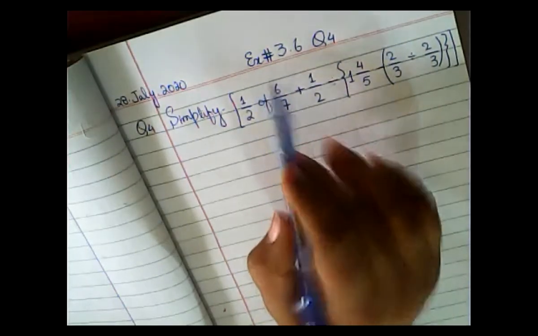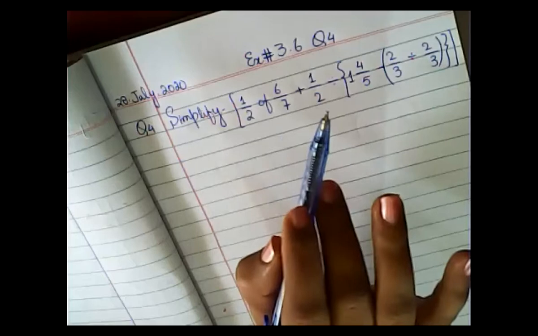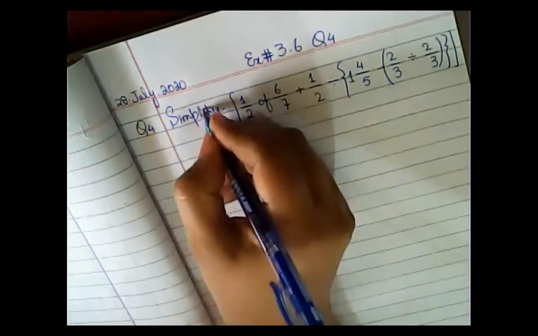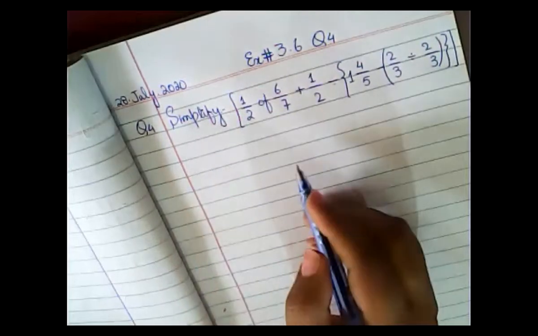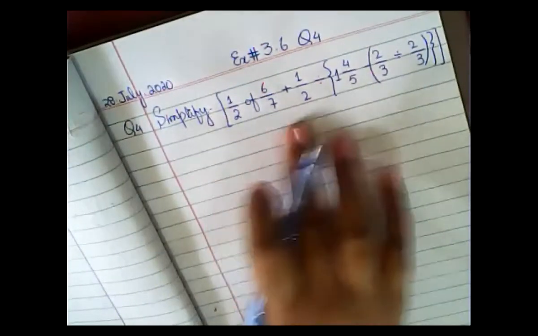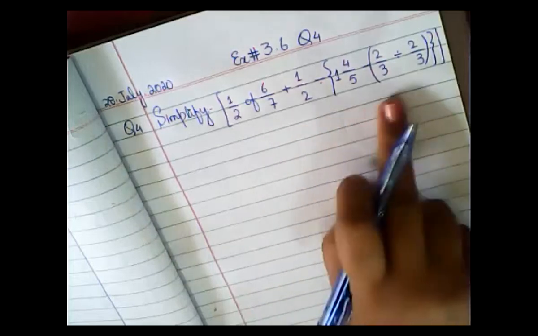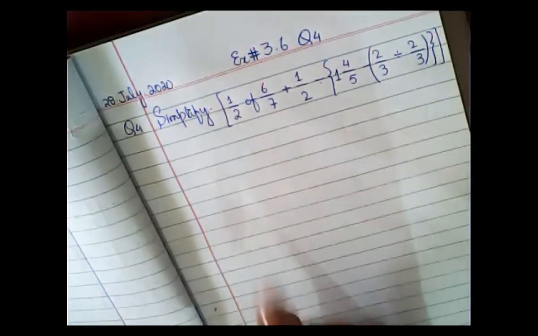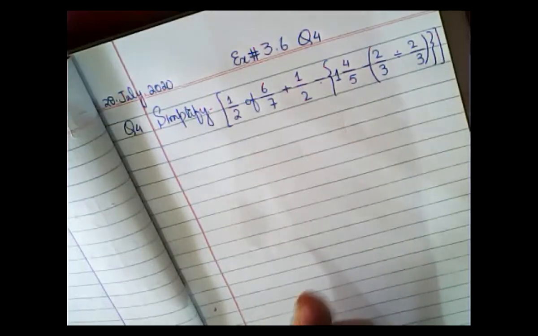Write down the exercise number on each and every page. After that, write down the proper question, simplify, and then copy down your question like this, completely neat and clean. Write down everything online. Please do your work neat and clean. This is a must. This is important.